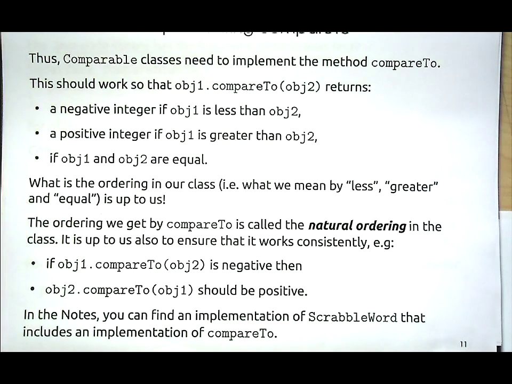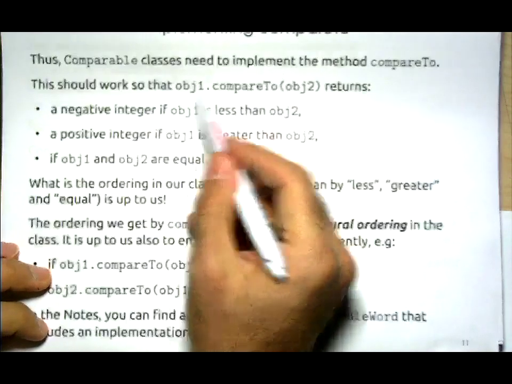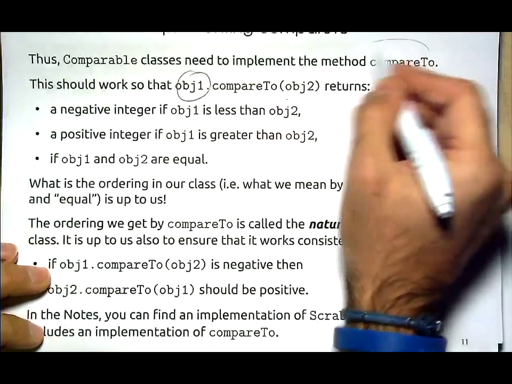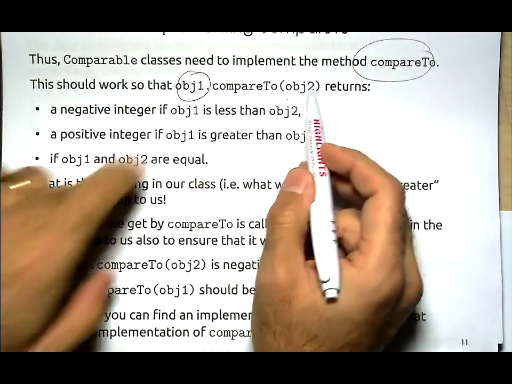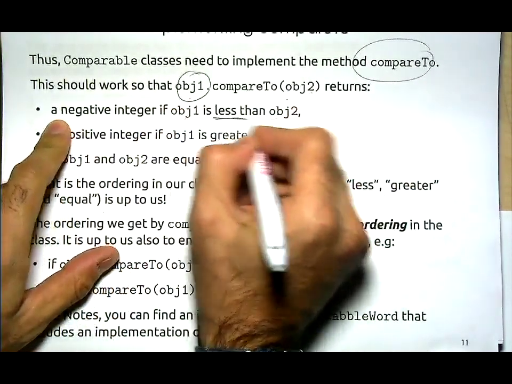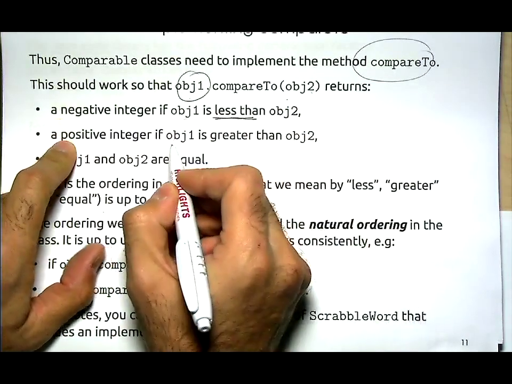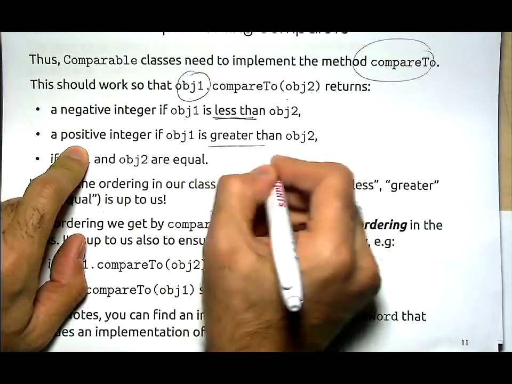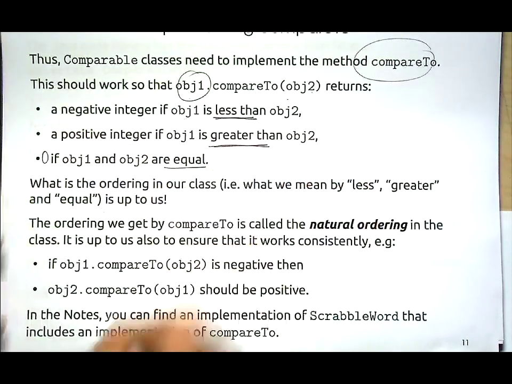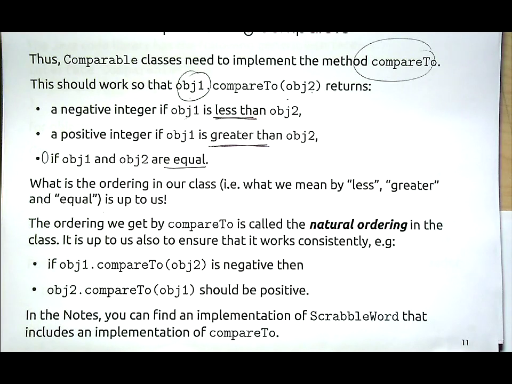Otherwise it's not going to be very useful. The logic is that if object 1 is of a class that implements compareTo, then if you call it on 2 objects, you should get a negative integer if object 1 is less than object 2, a positive integer if object 1 is greater than object 2, and 0 if they're equal. How you define less than, greater than, and equal is up to you.